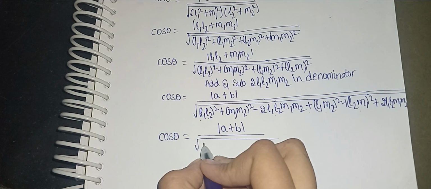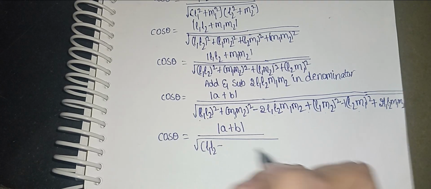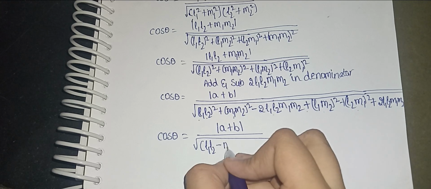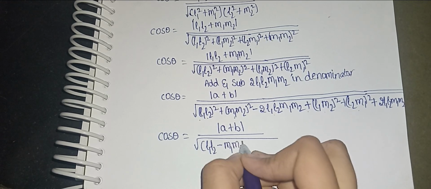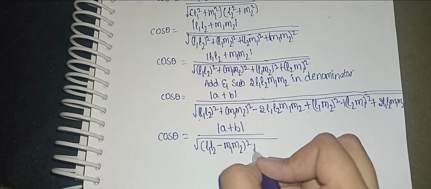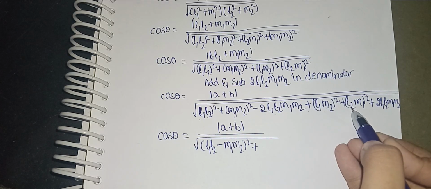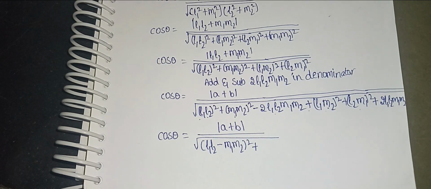So write it. What is a over here? L1 L2, minus what is b? M1 M2, whole square, plus a square plus b square plus 2ab, which is the formula of a plus b whole square.